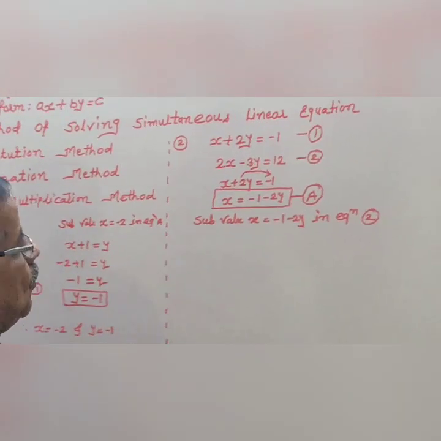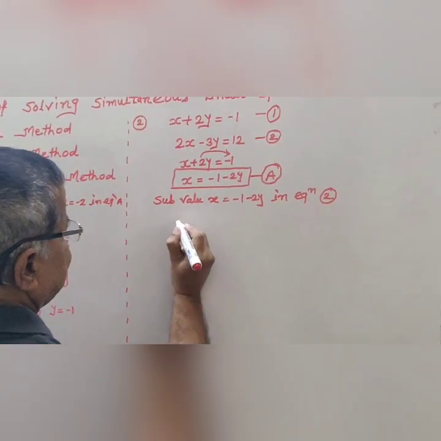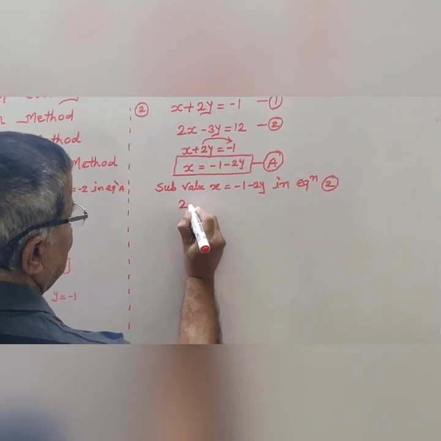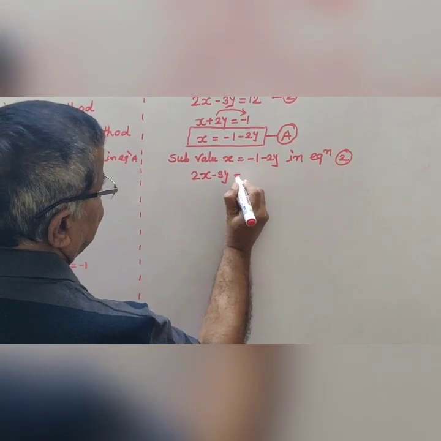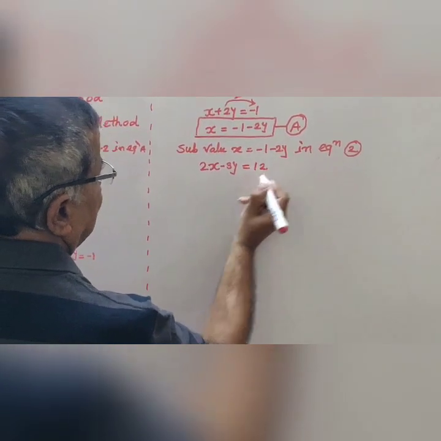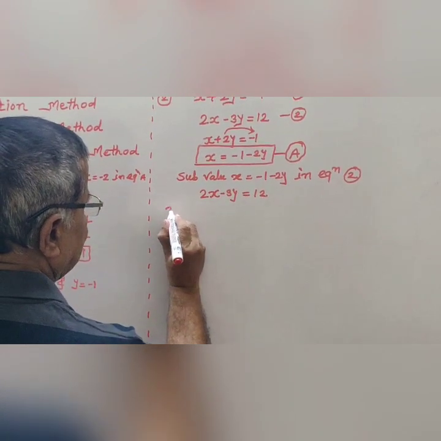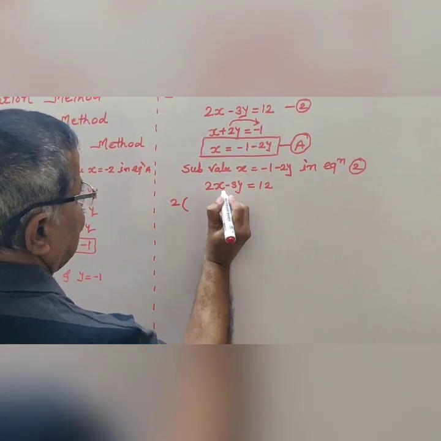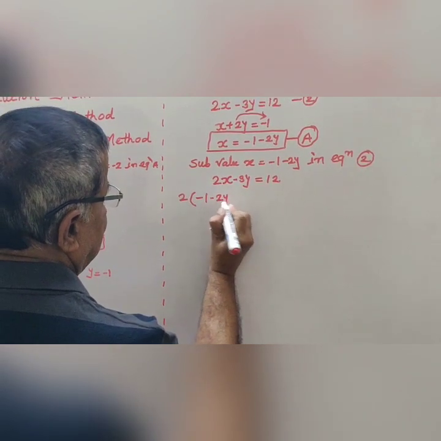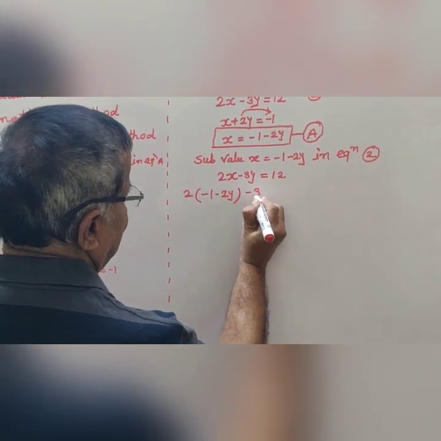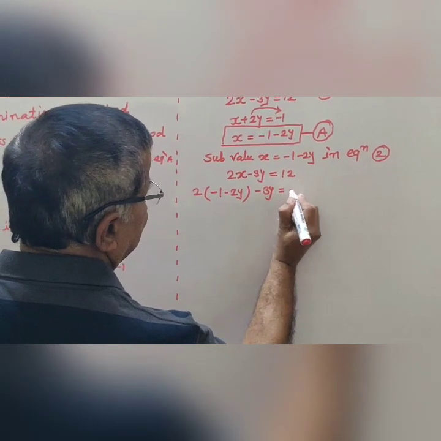Now equation number 2 is 2x minus 3y is equal to 12. Now I can substitute the value, x is minus 1 minus 2y, in bracket, minus 3y is equal to 12.